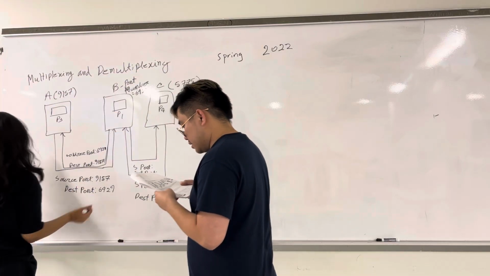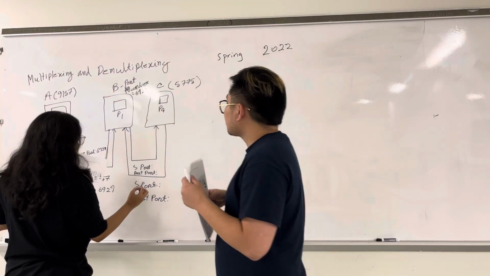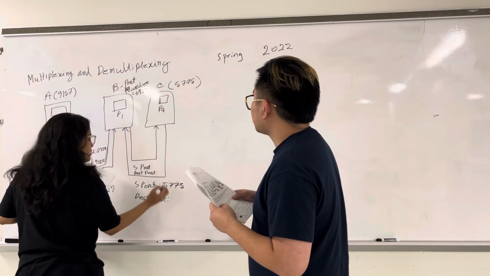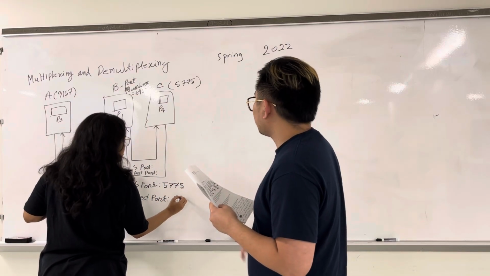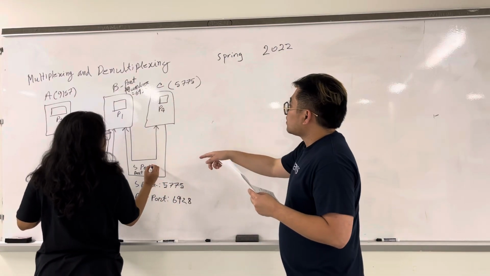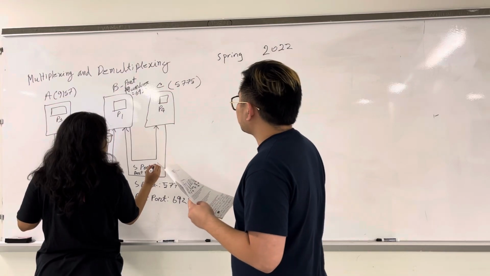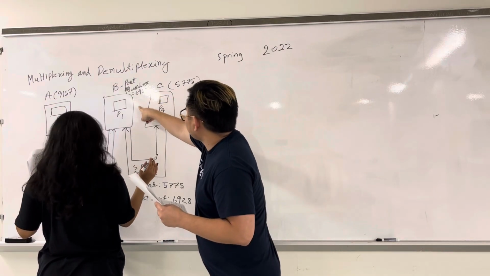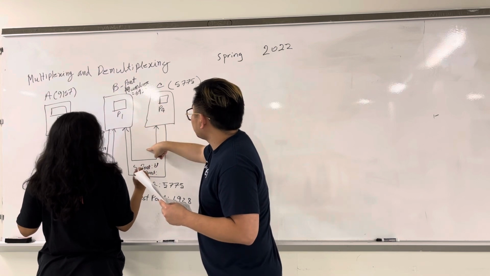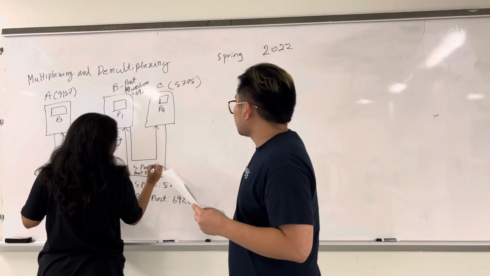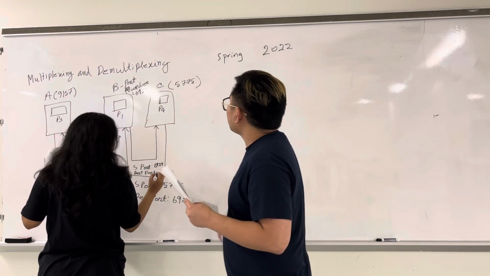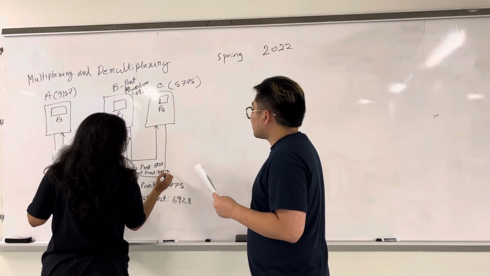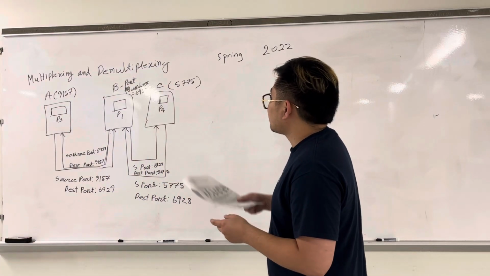For C, the source will be 5775 and the destination 6428. Sending back from this guy, the source is 6428 and the destination is 5775. So that's it.